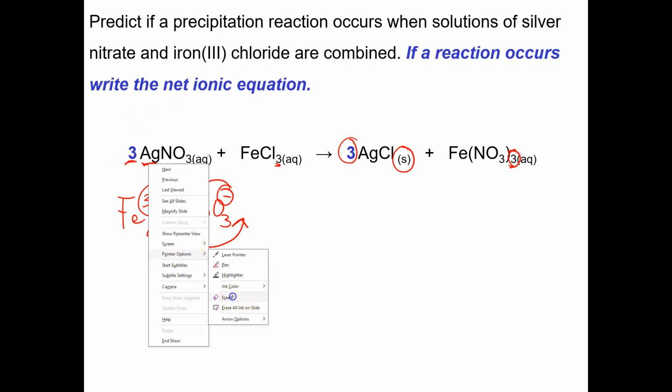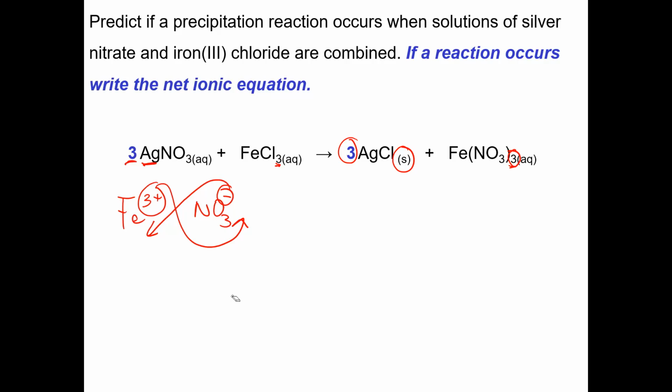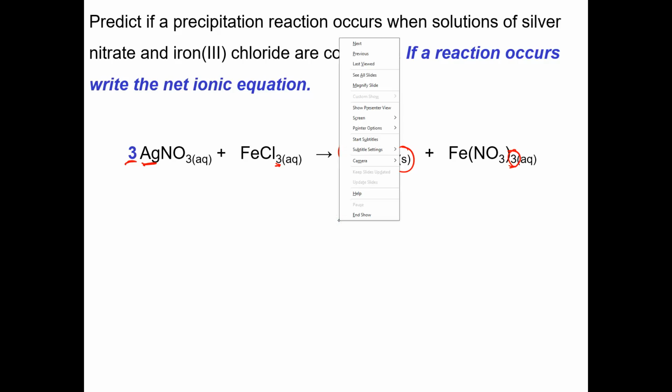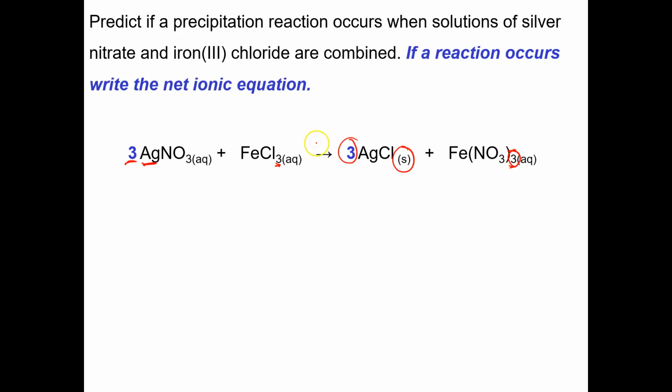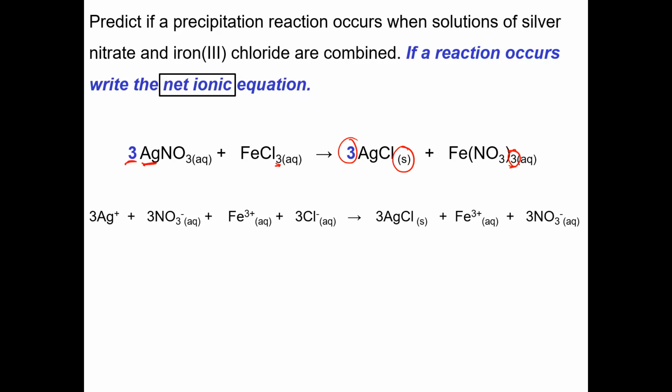What we can do is set about separating this out into the component ions. Having done that, it looks like this. The 3 silver nitrate (aq) is going to separate into 3 silver ions and 3 nitrate ions.